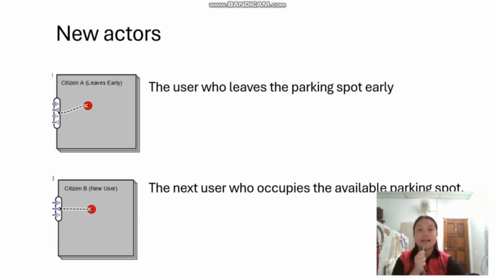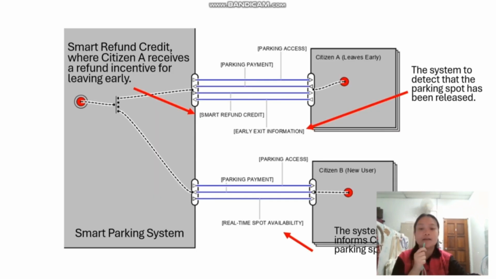To support this incentive strategy, we updated the E3 value model by adding two new actors: citizen A, representing the user who leaves the parking spot early, and citizen B, representing the next user who occupies the available parking spot. These two actors help us model the parking turnover process more accurately. Next, we added several new value exchanges into the system.